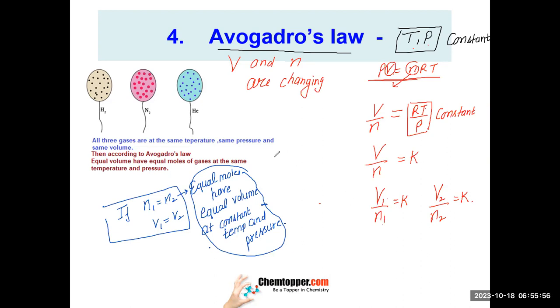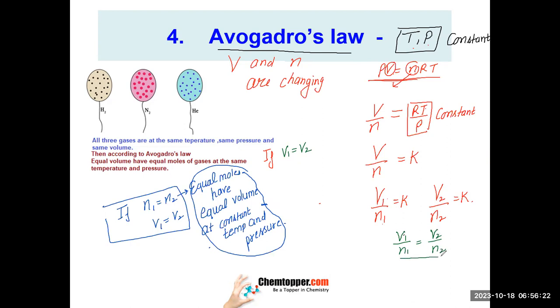But if, let's say, now I'm changing the condition, children. Check. I'm changing the condition. V1 equals V2. This is the law: V1 over n1 equals V2 over n2. I'm saying V1 equals V2.